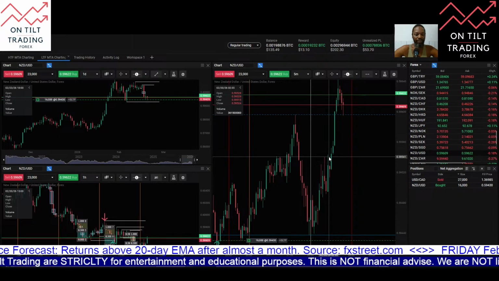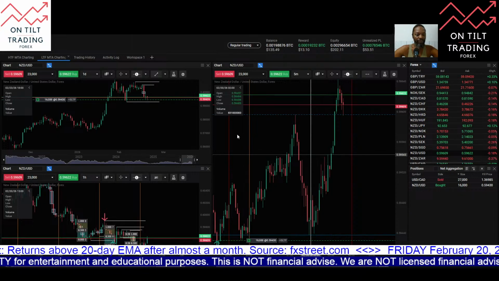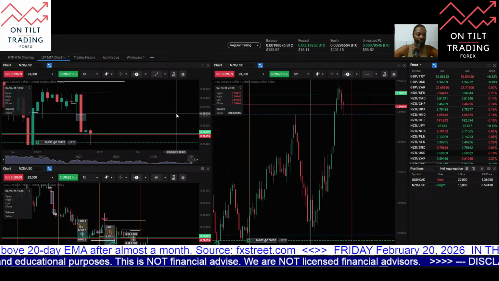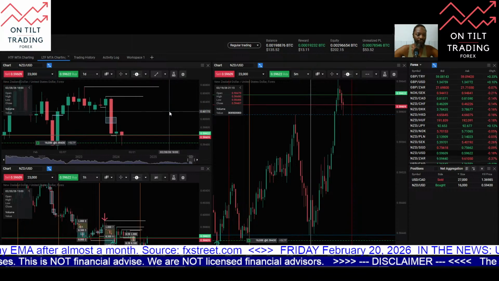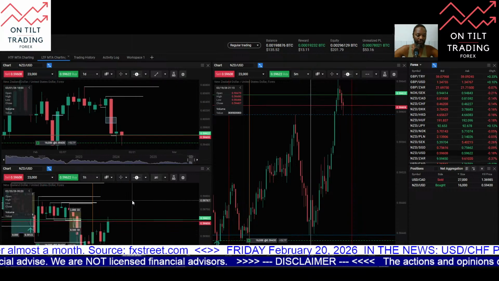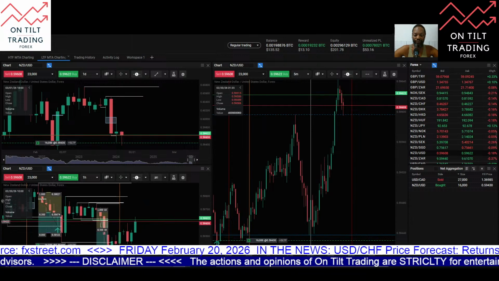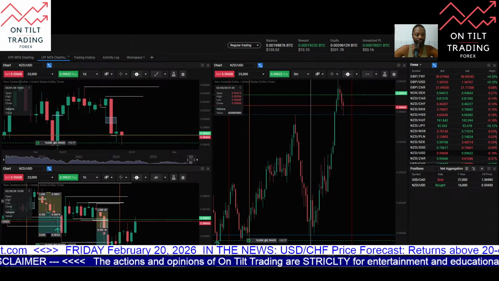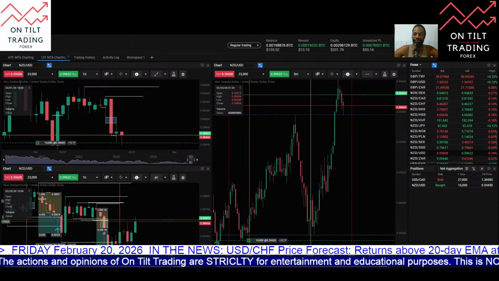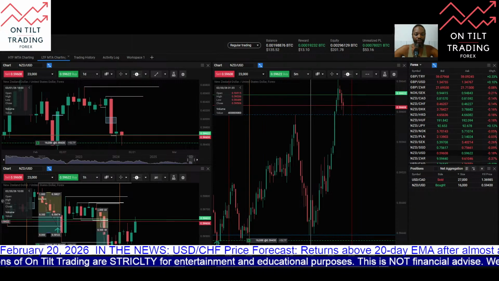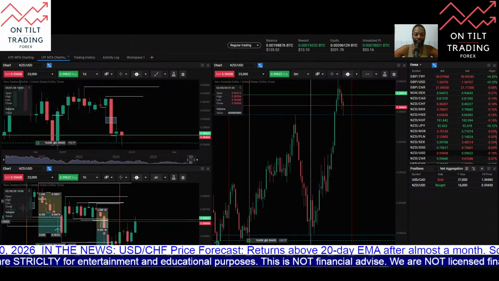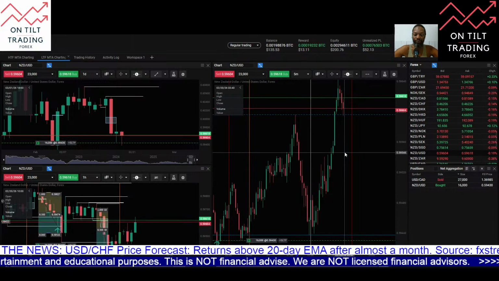See price pulling back a bit on these long positions. So it'll be interesting to see how price plays out moving forward.